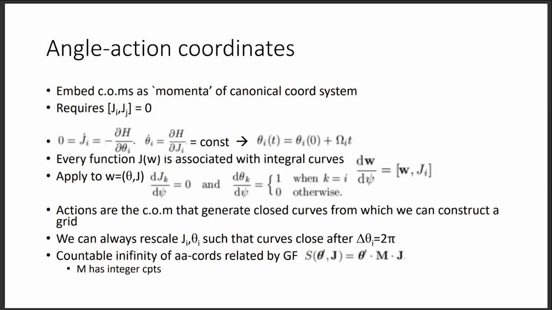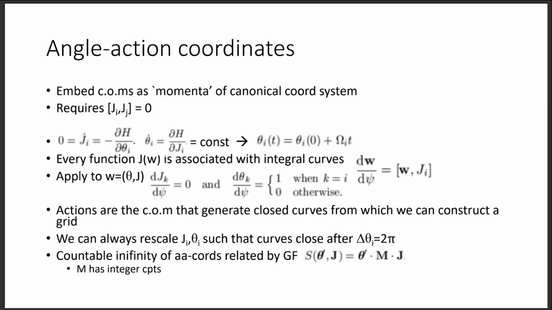Now, every function, let me call it J, but now I'm just saying every function, Hamiltonian, angular momentum, you write down some function on phase space. This function generates a trajectory through phase space by the following principle: the rate of change of a phase space coordinate W with respect to the parameter psi, which tells you how far down this transformation you are, is by definition the Poisson bracket of that coordinate and this function you just wrote down.